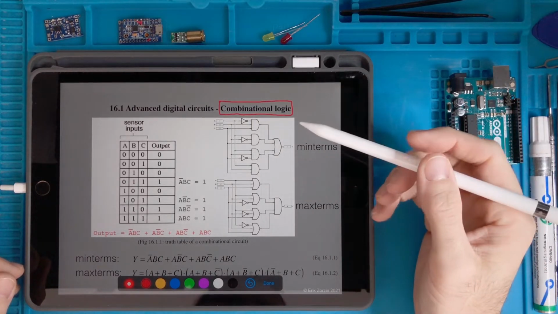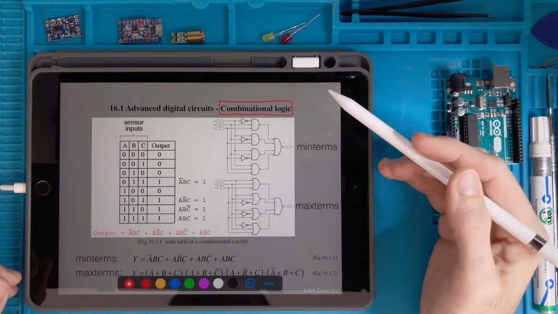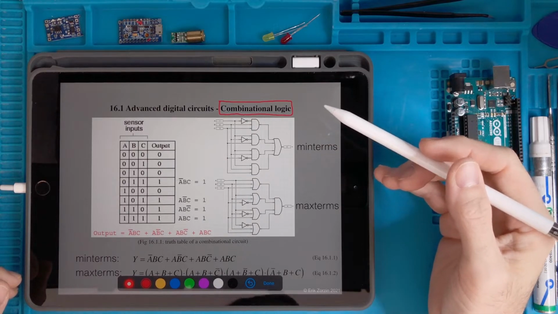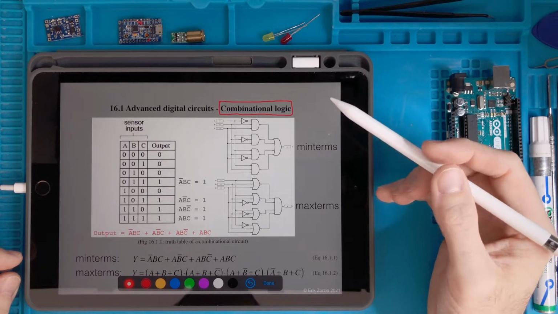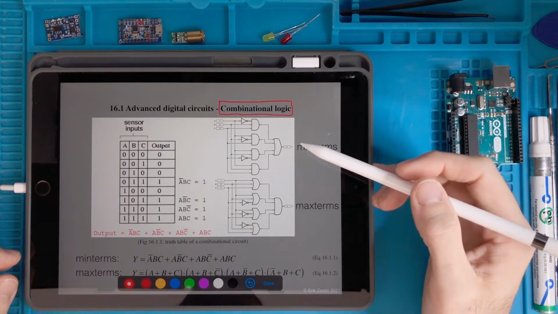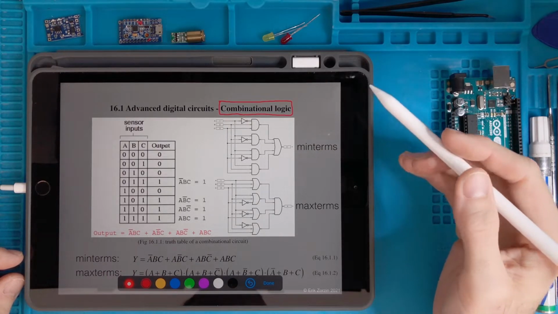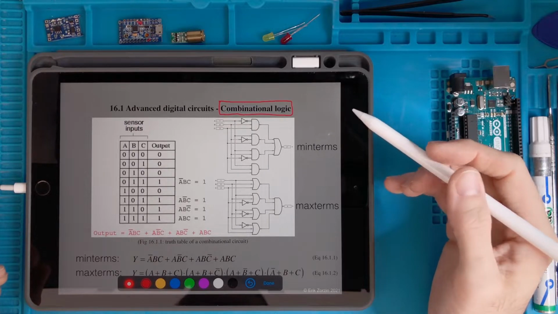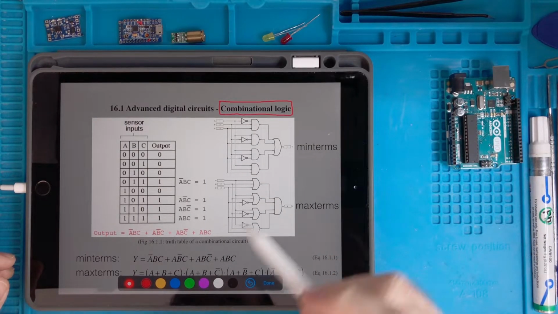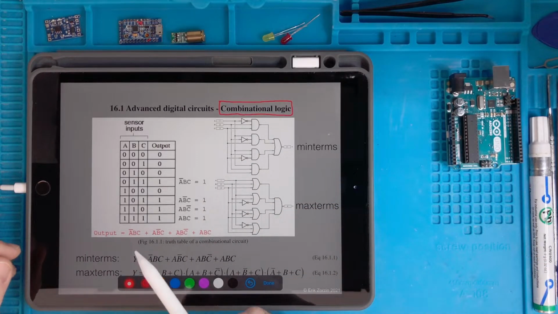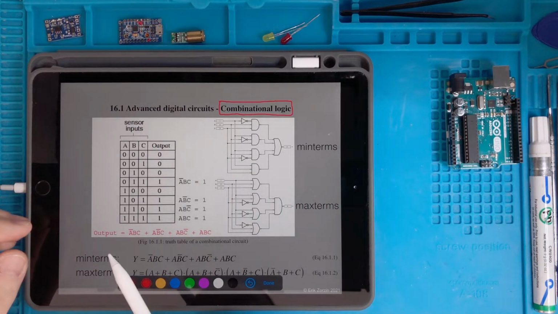We will see that there are also other types of circuits, called sequential circuits, for which the state of the output depends also on the time, and this dependence is due to the fact that there are feedback connections from the output back to the input. But let's start with this.